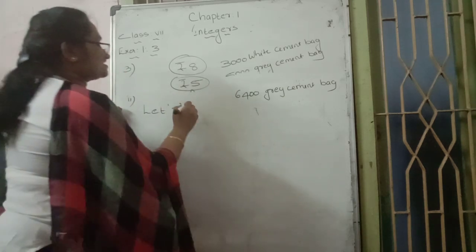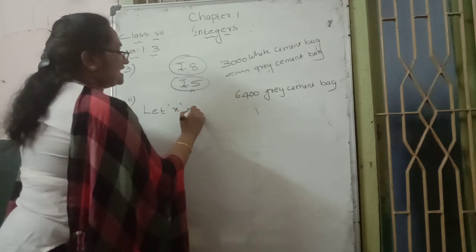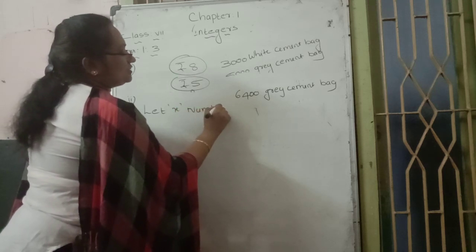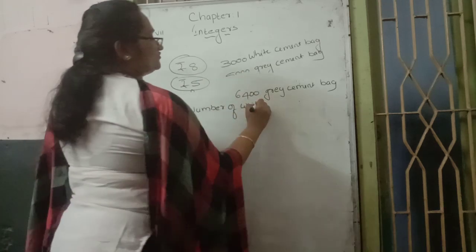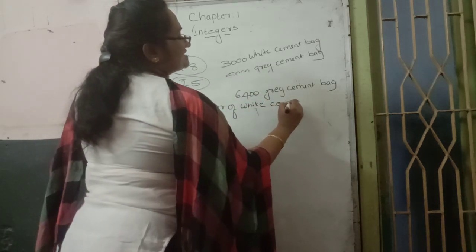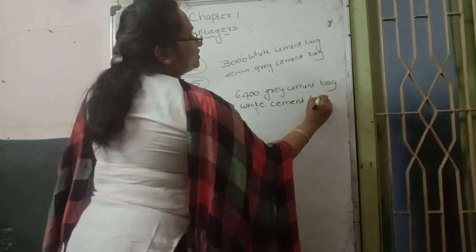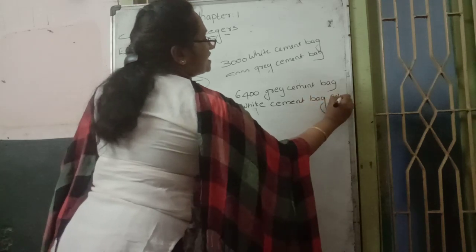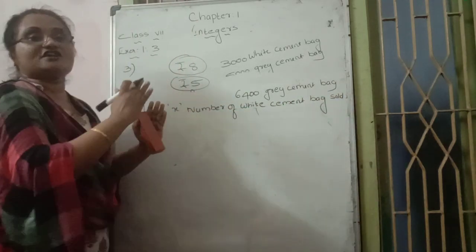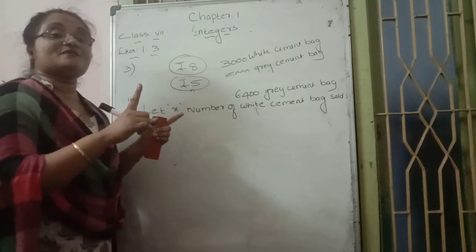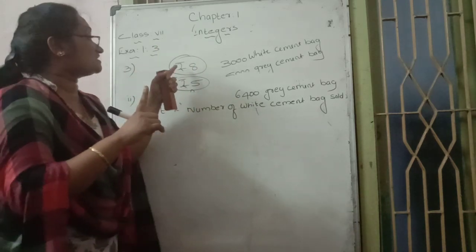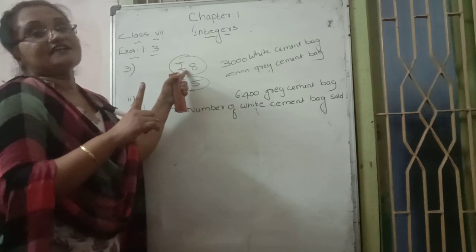So we let x be the number of white cement bags. We just imagine, we don't know the exact number. According to the question, they are equalizing, managing. So for x white cement bags, each bag gives how much profit? 8 rupees.